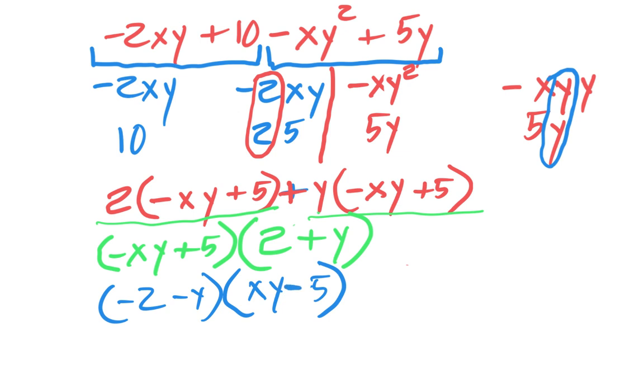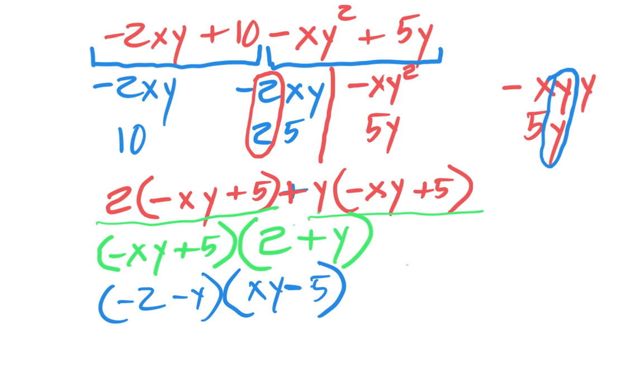Okay, so you see that if I come back here, if I factor out a negative 1, that's going to give me xy minus 5. And then if I multiply this by negative 1, that's going to give me a negative 2 minus y. So all I did up here, instead of factoring out a 2, they factor out a negative 2.